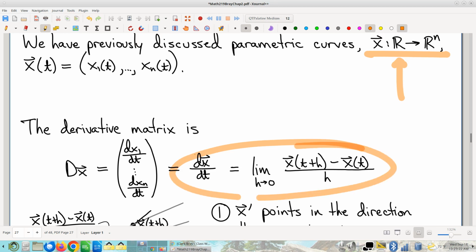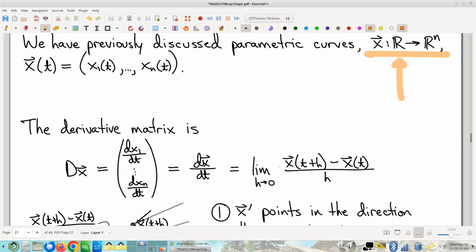And in fact, if you take this formula and apply it to this vector valued function, now to be fair, it's got multiple outputs. But if you do this process to the vector values, what you're going to find is that every step in this entire process is done one coordinate at a time.